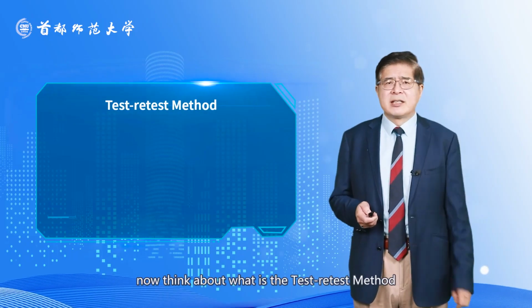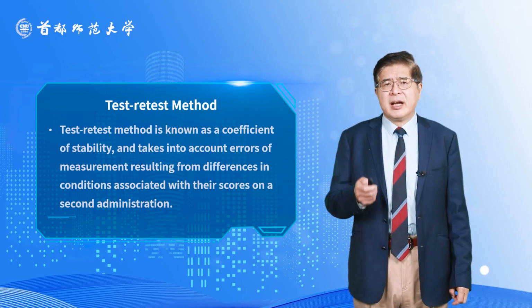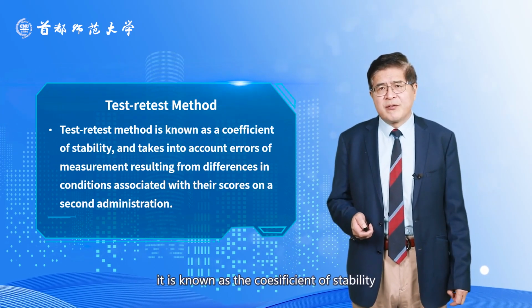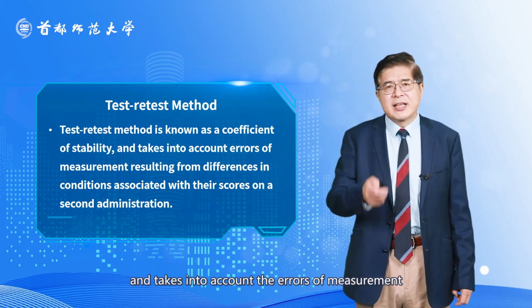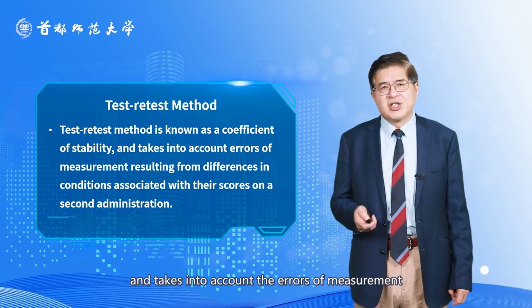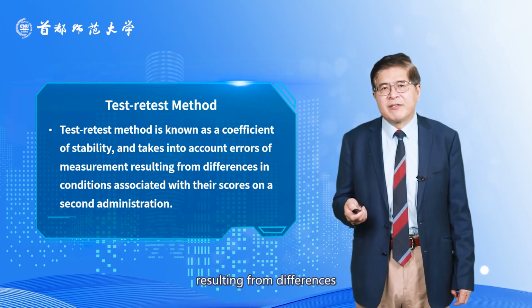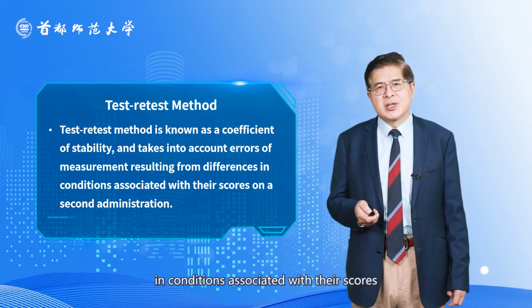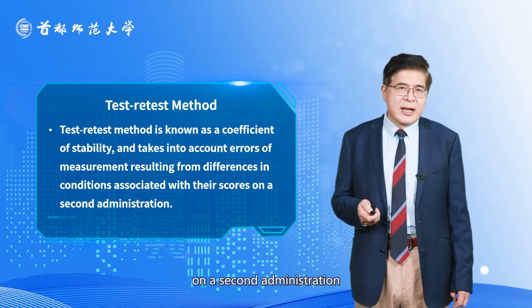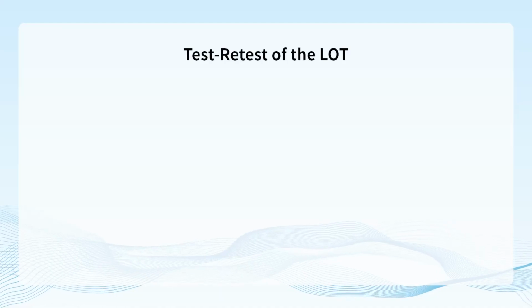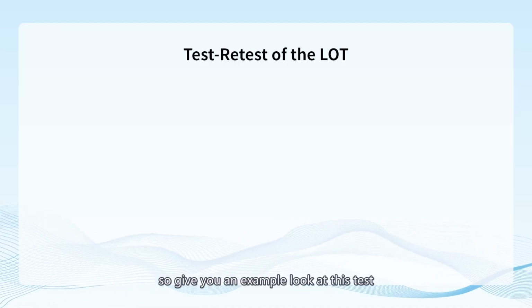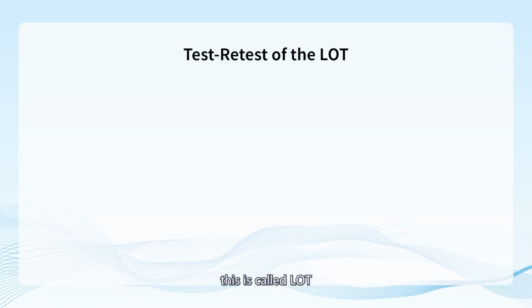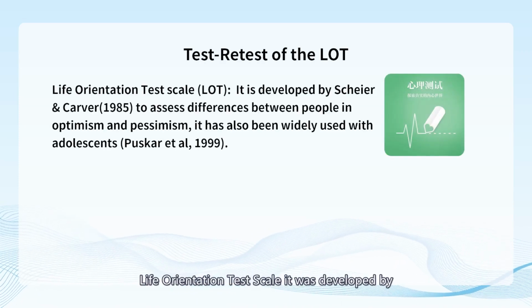Now think about what the test-retest method is. It is known as the coefficient of stability and takes into account the errors of measurement resulting from differences in conditions associated with their scores on a second administration. To give you an example, look at this test. It's called LOT, Life Orientation Test Scale.